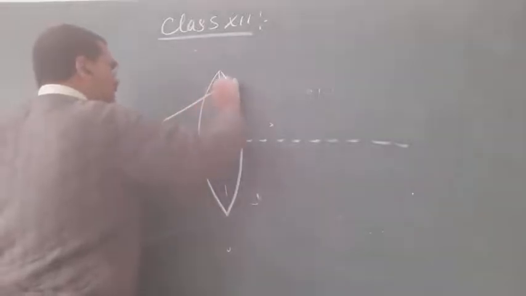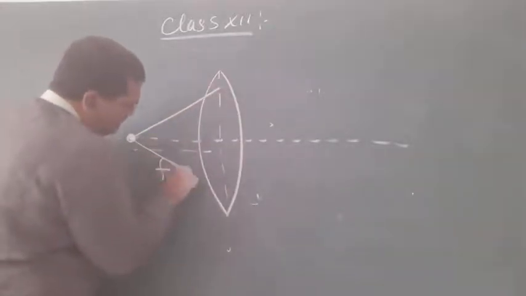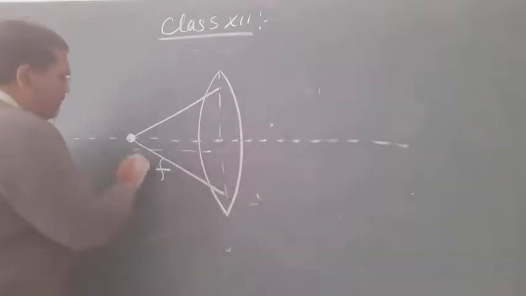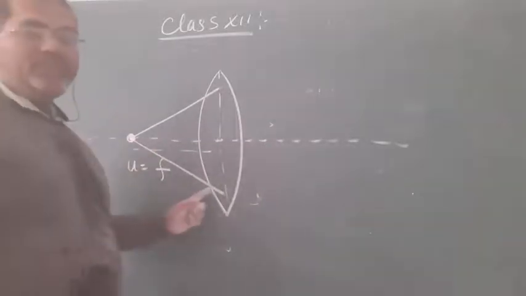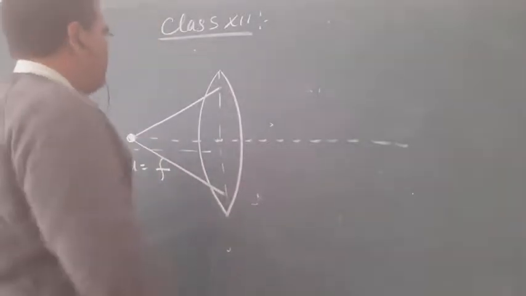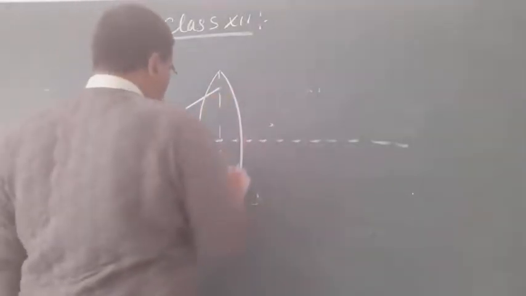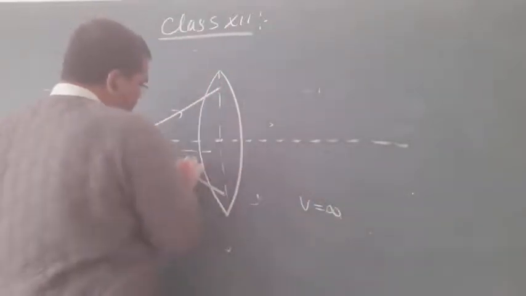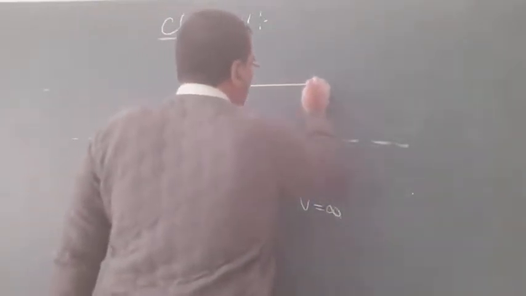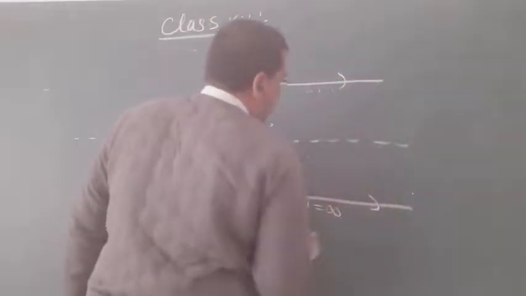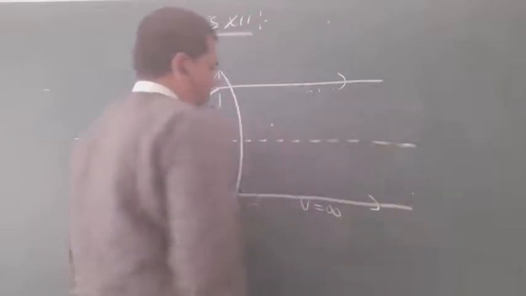Make any two rays like that. When an object is kept at the focus, then the image will form at infinity. This is the concept of focus. That is u equal to f, then v equal to infinity. It means the rays become parallel to the principal axis. They will never meet because they meet at infinity.